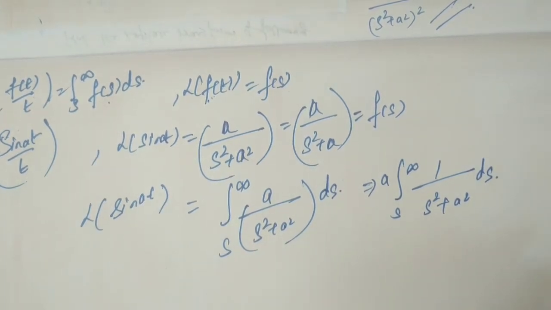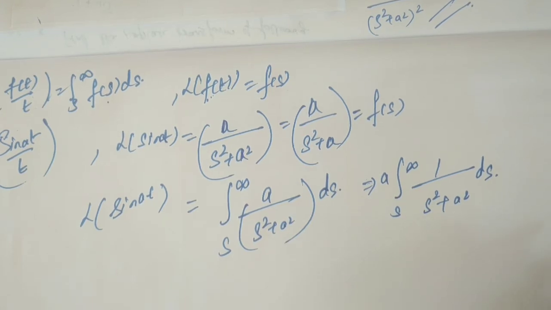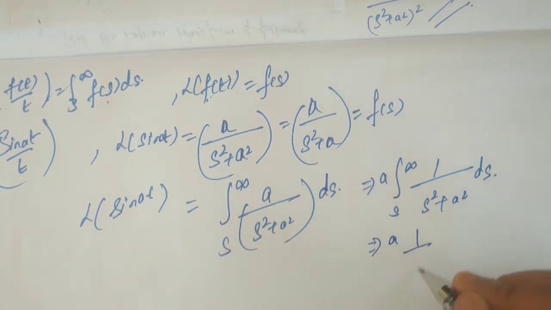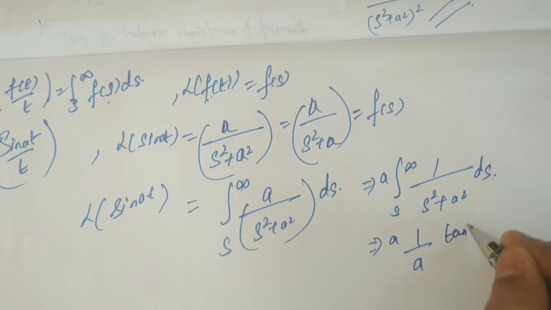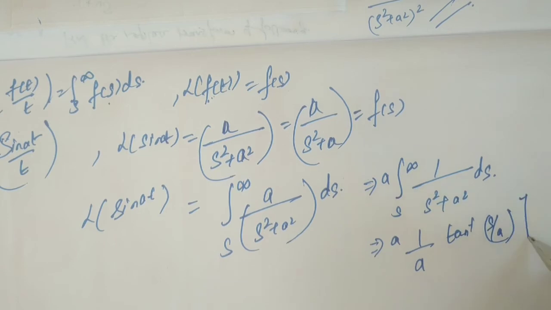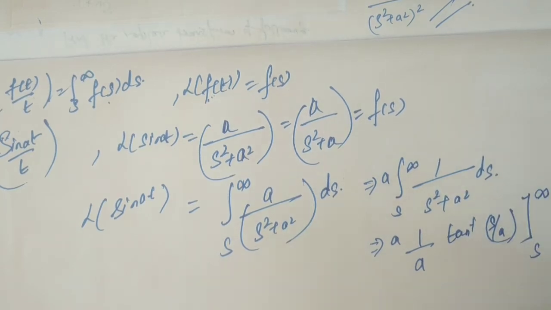As we know the integration rule, 1 by x square plus a square integrates to 1 by a tan inverse of s by a. Limits are ranging from s to infinity.